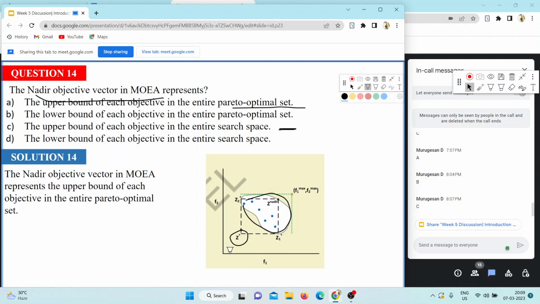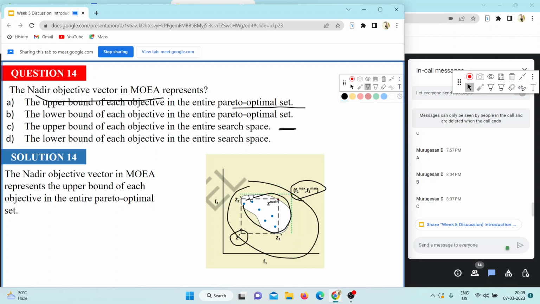Like your minimum bound of your entire search space, there is a point called the maximum bound of your entire search space. Previously we took a line parallel to f1, which is minimum to this search space, and a line parallel to the y-axis that is minimum to this search space. But here, the Nadir objective vector is not concerned about the entire search space.